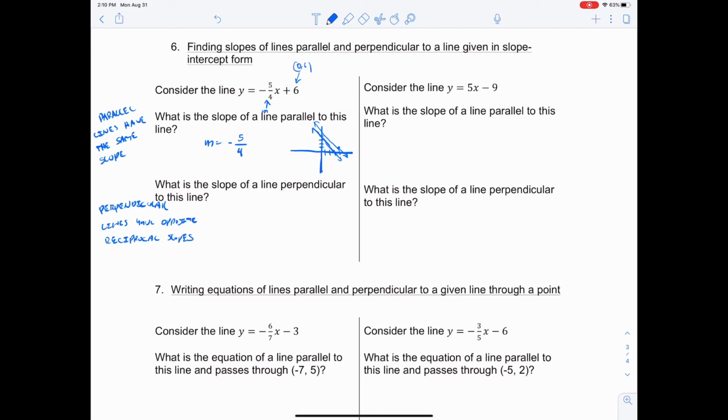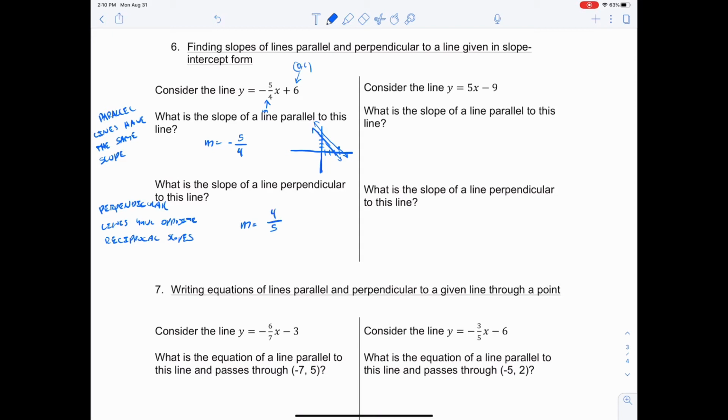Forgive me for my penmanship, it is kind of hard writing on the iPad here. But reciprocal means you flip the slope and then change the sign. So before we had negative 5/4, well, the reciprocal is 4/5.